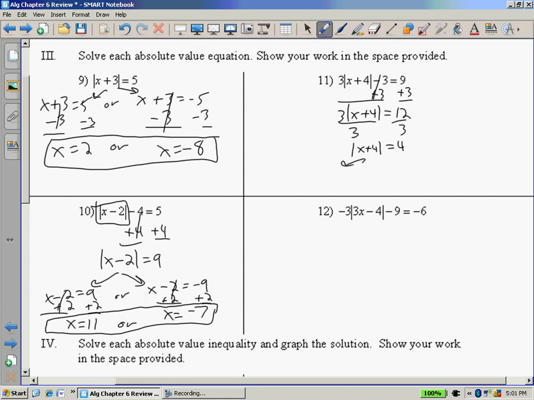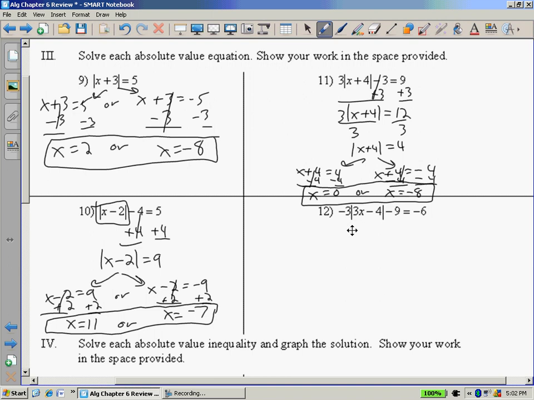Now I'm able to split it into the two scenarios, the happy positive world or the interesting negative world. Solve each part, x equals 0, or x equals -8. So those are my two scenarios.